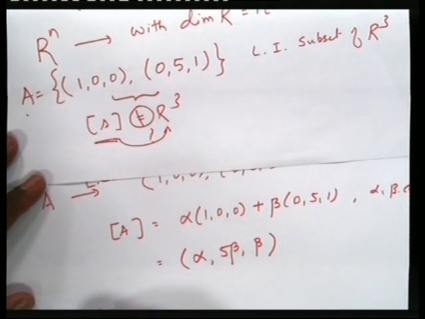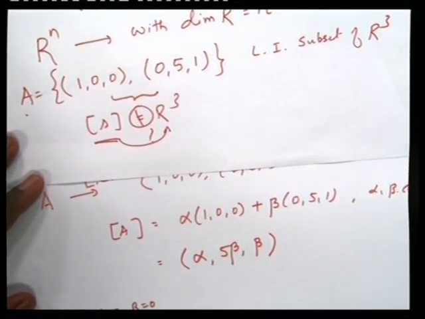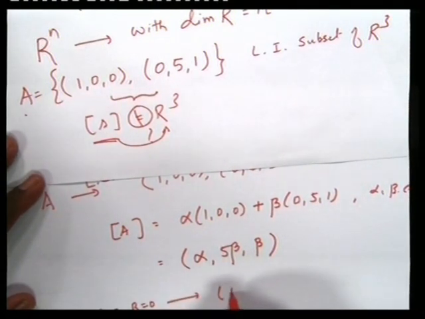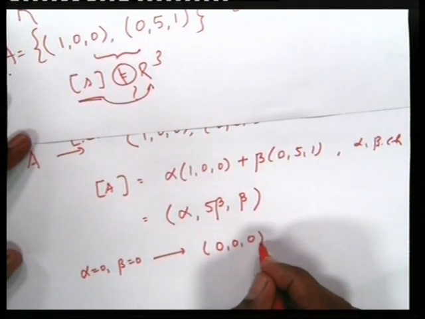Now if we take alpha equal to 0 and beta equal to 0, definitely we will have the vector (0, 0, 0).